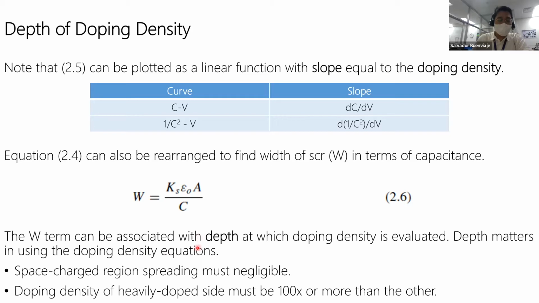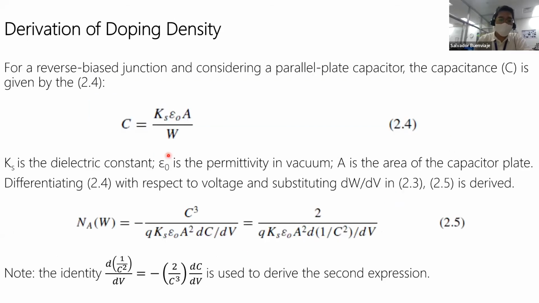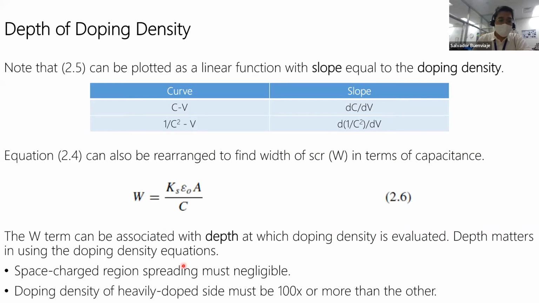For this equation to hold true, in relation to the factor of depth, the following must be satisfied. First, the space charge region spreading must be negligible. Then for the junction, the doping density of the heavily doped side must be 100 times or more than the other.